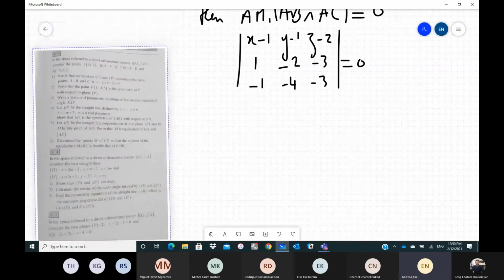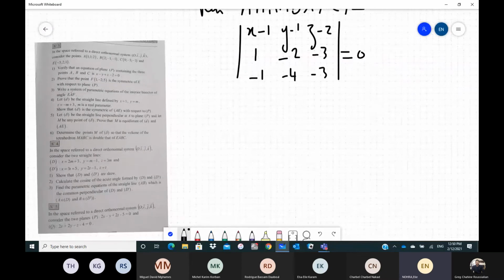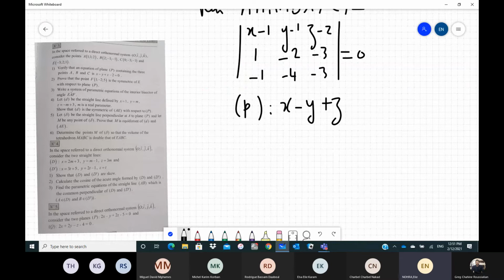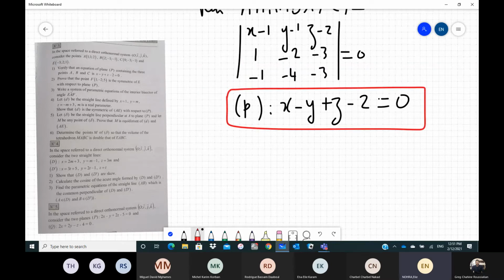Obviously كلكم انتبهتوا, you do the math تطلع the equation x minus y plus z minus 2 equal to 0.